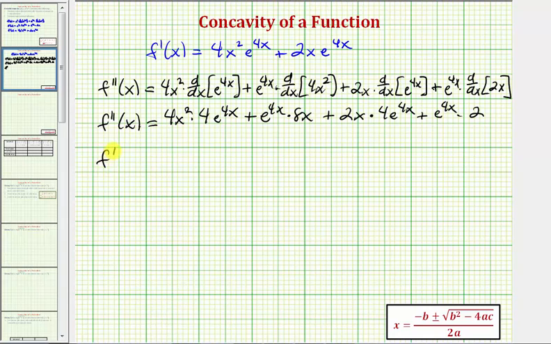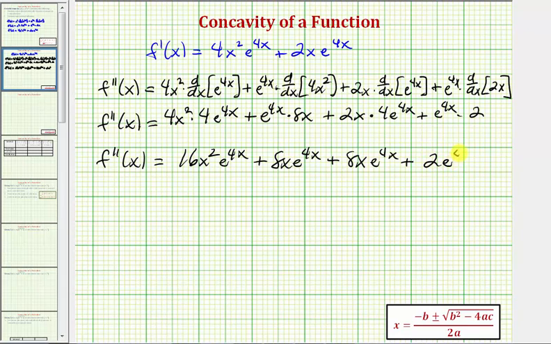So we have f double prime of x equals, here we're going to have 16x squared e to the 4x, plus here we have 8x e to the 4x, plus here we have another 8x e to the 4x, and plus 2 e to the 4x.